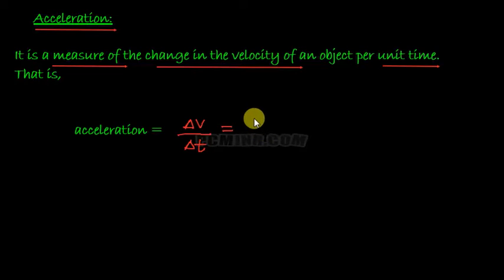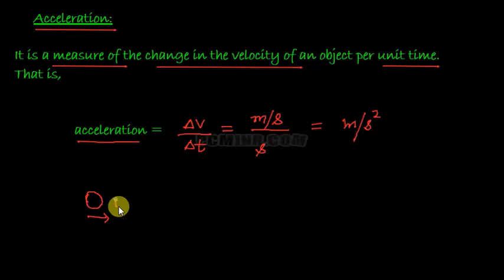And so what should be the unit for acceleration? Since velocity change will be in meter per second upon another second, you get meter per second square as the unit for acceleration. And if you consider an object, say it was initially traveling with the velocity u, and in a time interval t, it reaches here and acquires a velocity v, then how would you give the acceleration?